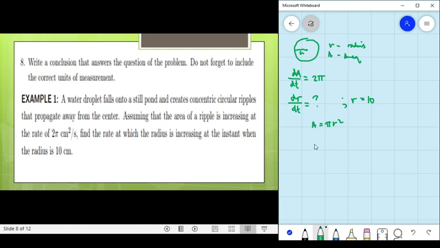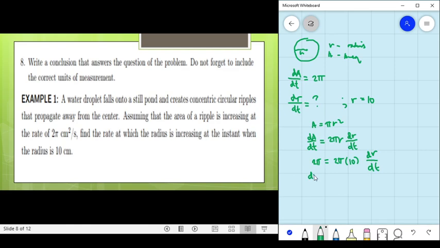Differentiating, the derivative of A is dA/dt, and the derivative of pi r squared is 2 pi r times dr/dt. Substituting, dA/dt is 2 pi, which is equal to 2 pi times 10 times dr/dt, and we have to solve for dr/dt.